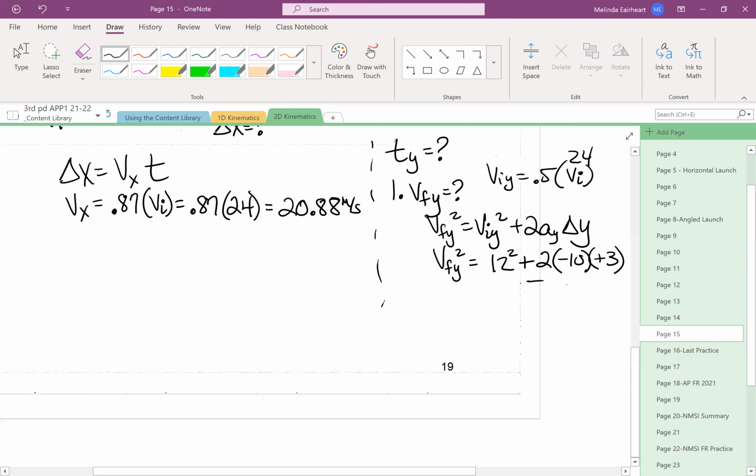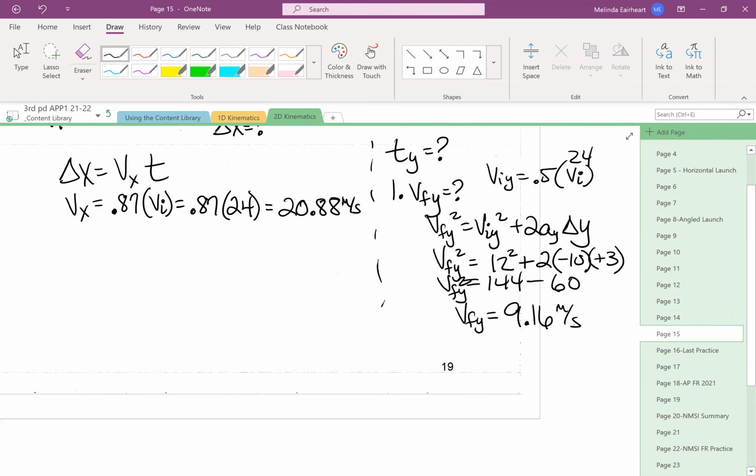And so that would be minus what, 60? 144 minus 60. But then you got to take the square root. And so let me know, after you take the square root of 84, what do we get? There we go, 9.16. And do you think it's going to be the positive value or the negative value as it passes over the goalpost?